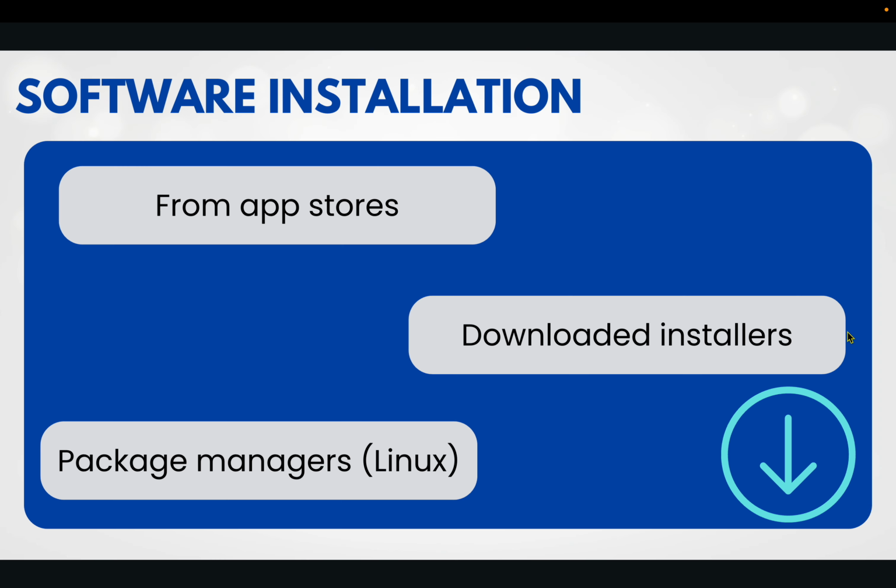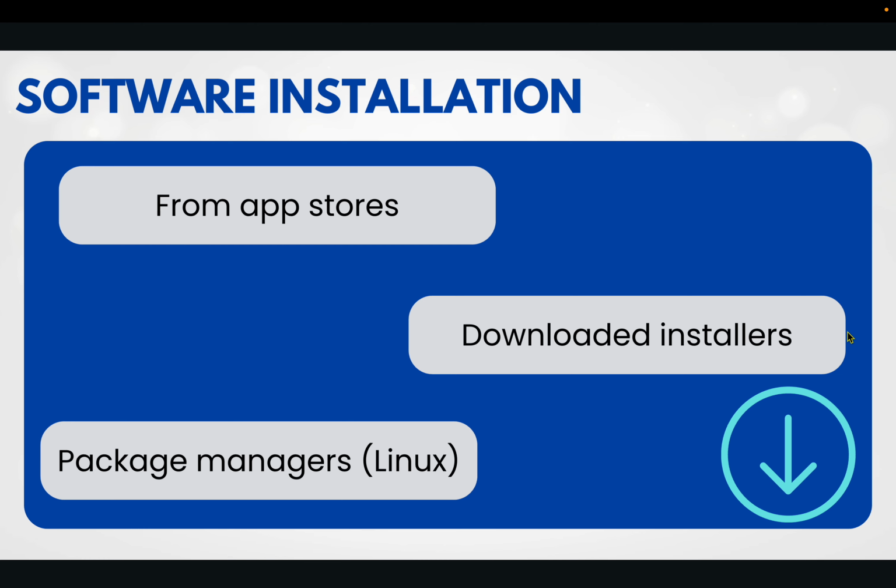So also you have your software installation. I'm not going to go deep into this because it's pretty self-explanatory. Many times for your software on your computer, you're either going to get it from like an app store, whether that's a website store. You're going to download installers. So anytime you download some software on your computer, it will pretty much have you run the installer.